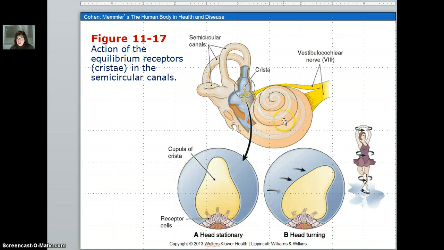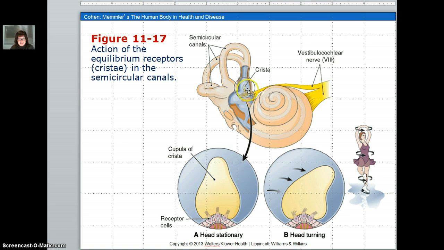When you're spinning, you have cristae, or these little projections inside your semicircular canals. And when you look at your semicircular canals, there's sort of three of them, one in each plane. As you move in whatever direction, you will cause the fluid in these to move. That will bend your cristae in a certain way.